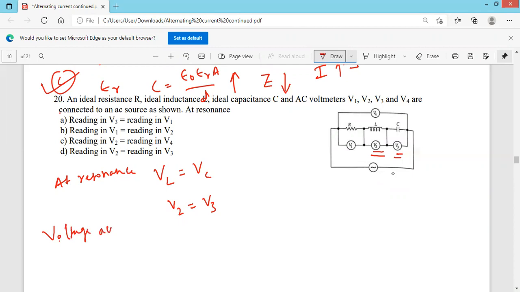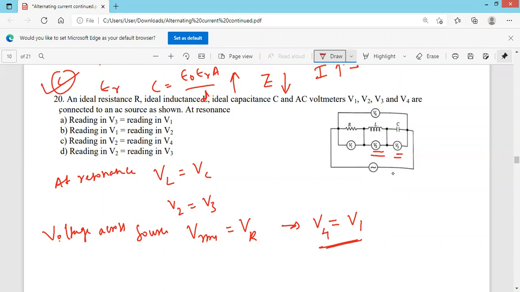Now the voltage across the source, V RMS, is equal to VR. This is called source voltage. That implies V4 represents the voltage of the source and V1 represents the voltage of the resistance, and both are equal. Therefore, V4 is equal to V1.